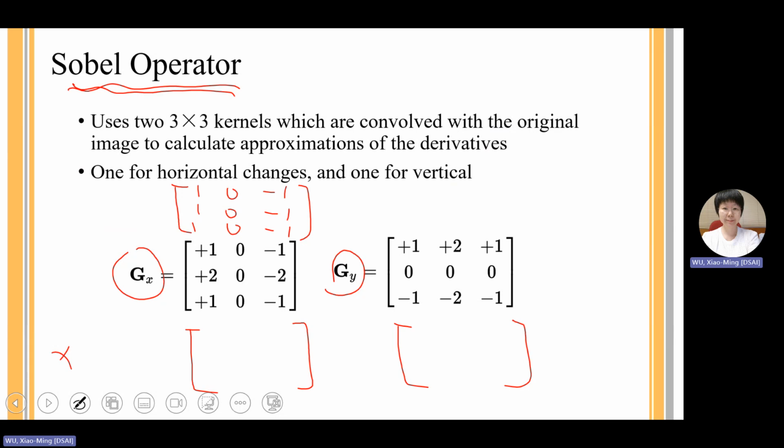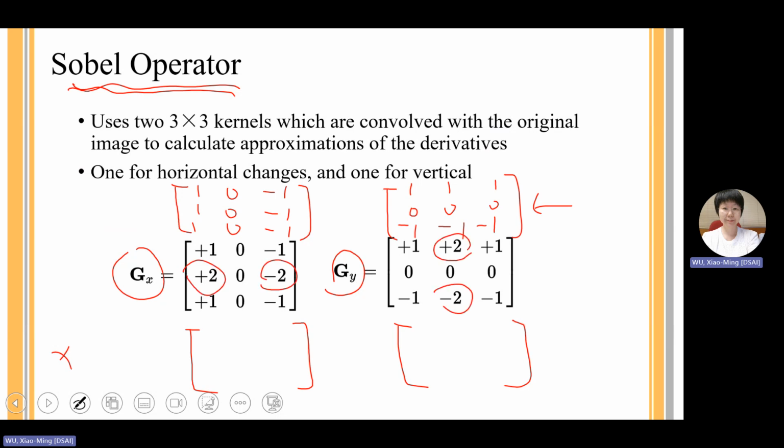Okay, this is the so-called x derivative filter. And we have 1, 1, 1, 0, 0, 0, minus 1, minus 1, minus 1. This is the y derivative filter. You see the difference? The difference is here.